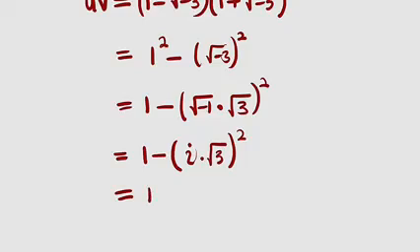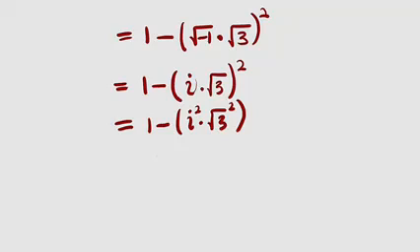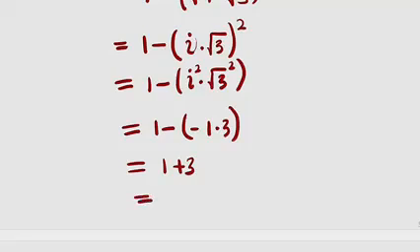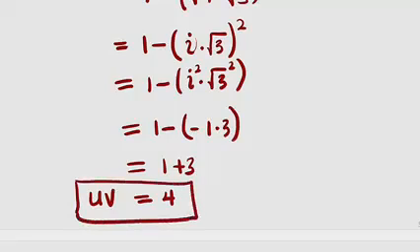This is equal to 1 minus i squared multiplied by the square root of 3 squared. i squared is negative 1, so this is equal to 1 minus negative 1 times the square root of 3 squared, which is 3, right? So all we have is negative 3 under the parentheses, which is equal to 1 plus 3, and this is equal to 4, which implies that the product of u and v is equal to 4. Let us keep this aside.